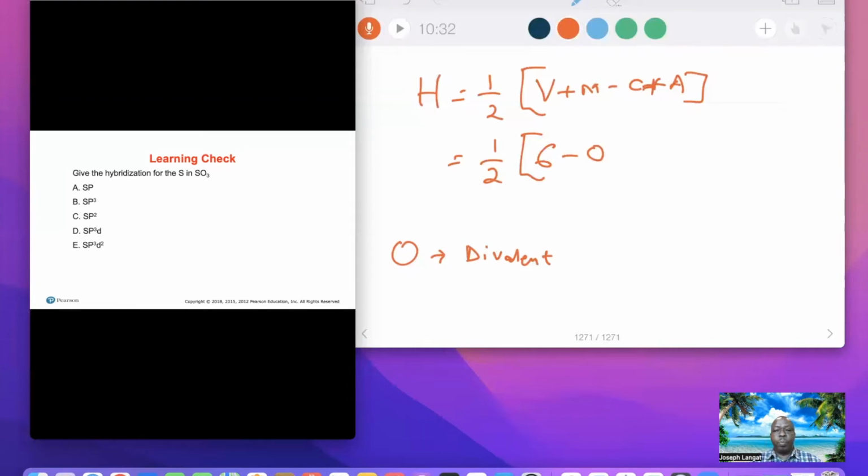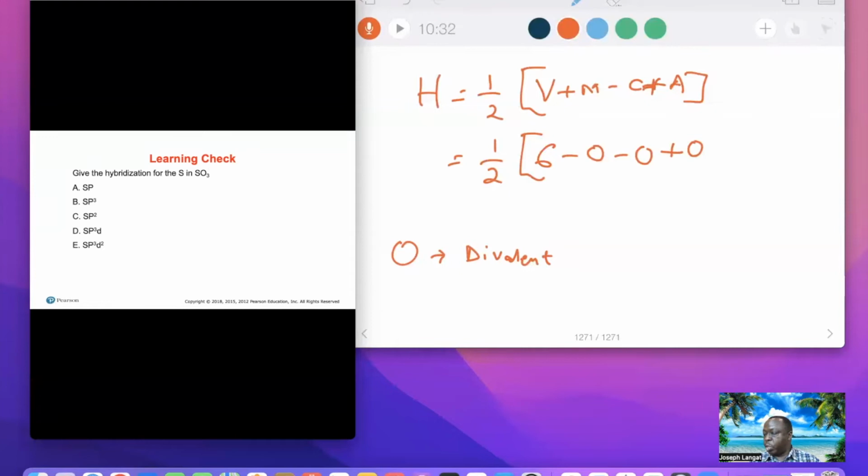We are looking for monovalent, which we don't have in this molecule. We just say 0, minus 0. It's not a cation. There is no overall positive charge in this structure.